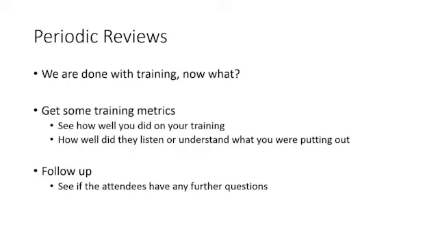Another training metric you could have, let's say you do an awareness training and you talk about phishing email attempts, and you have the whole lunch meeting about it and you talk about it for 30, 45 minutes, answer some questions at the end and move on. But then a week later, you formulate a phishing email and you blast it out to the company.